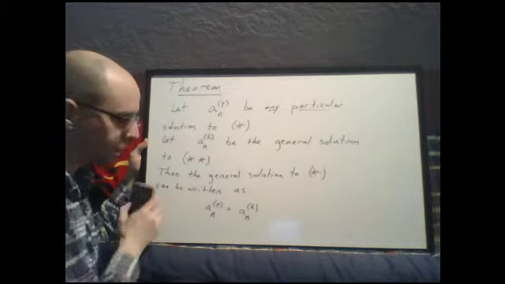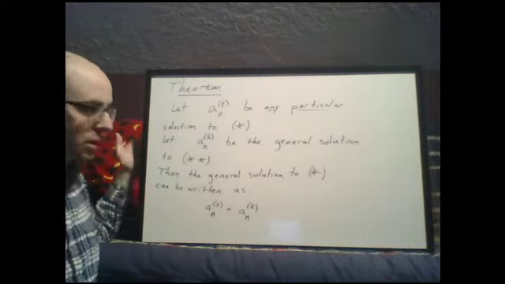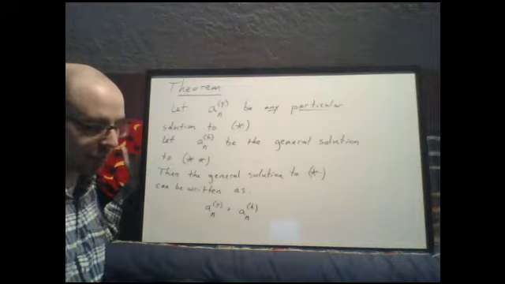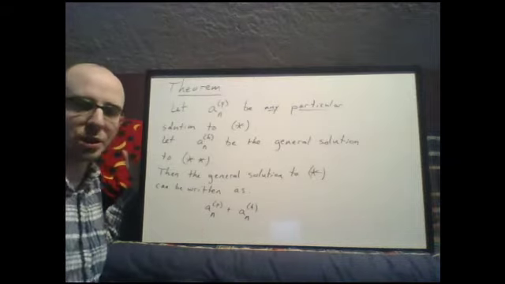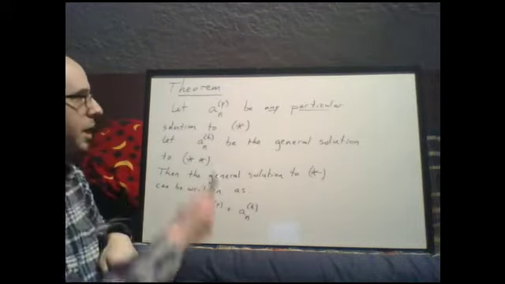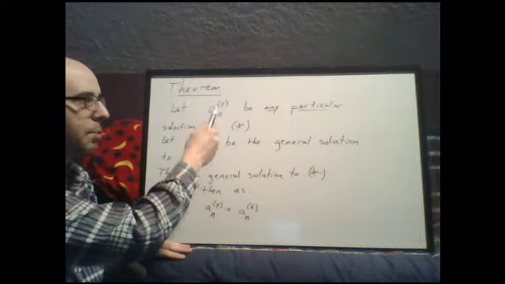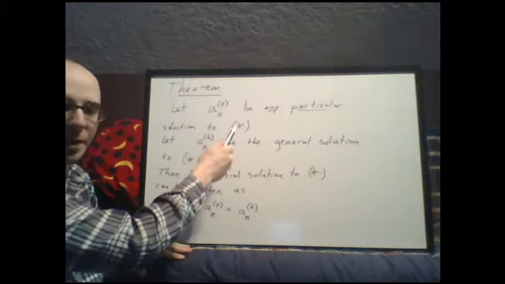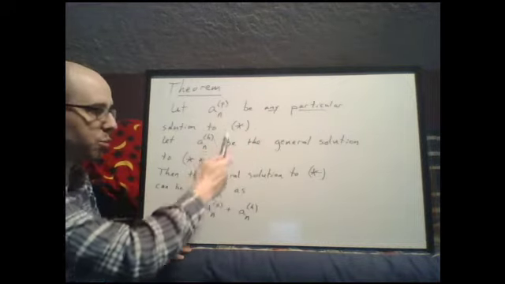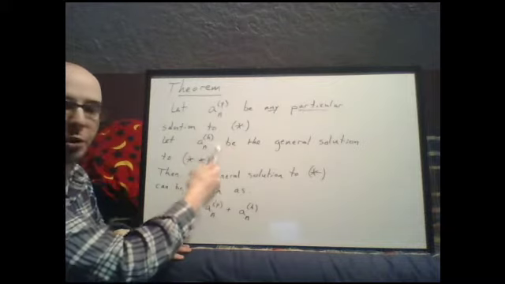Let's prove this. So before I erase, let me just talk about the idea of the proof. It'll just be a shortened sketch of the proof. But the idea is we want to show that once I have any particular solution to star, if I have another particular solution, their difference will be something of the form of the general solution.